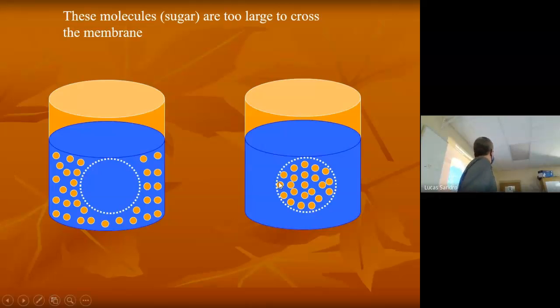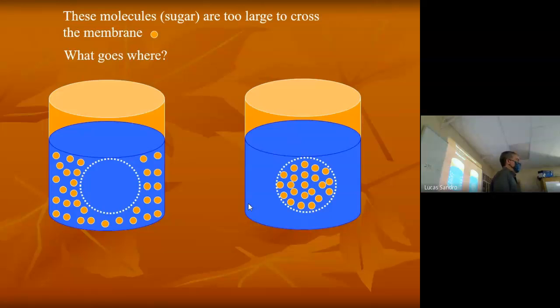They're stuck. And so now the same question. What goes where? Keep in mind what we said, which is that what's going to happen is water is going to move instead, and it's going to go from high to low water concentration, which is the same as low to high solute concentration. Sam, which way is the water going to move in that first beaker?